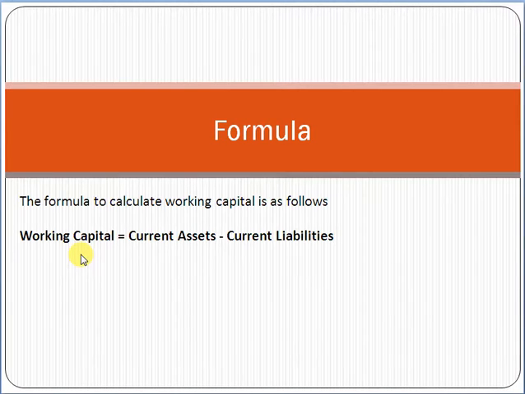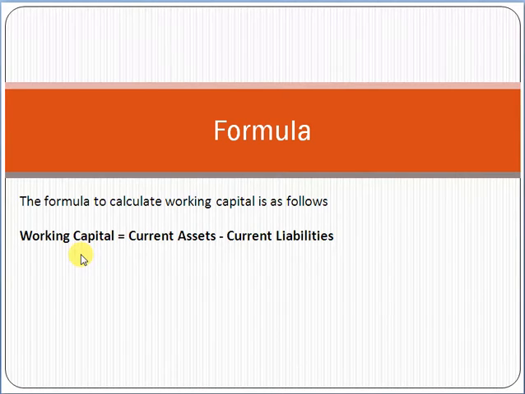So $1,500 you have to subtract from your $5,000 asset. So this will become the working capital.